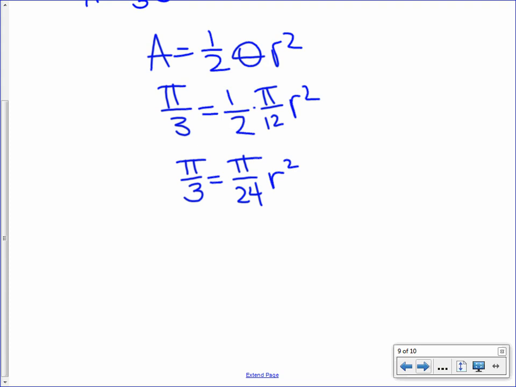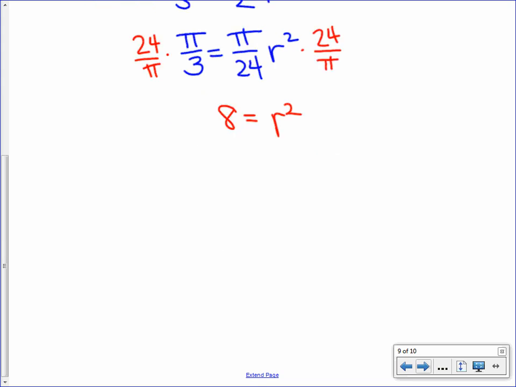How do we get r by itself? Okay, divide, and since it's a fraction, we can say we're going to multiply by the reciprocal. Okay, so over here we're left with r squared. What do we have over here? 8. Okay, so to solve this, we need to take the square root of both sides. Technically, r is what?